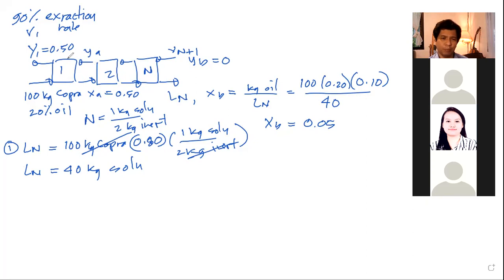Pero before you can solve that, dapat alam mo yung value ng lahat ng variables except for Y sub A. Halimbawa, ano yung flow rate ng L1? Yung flow rate ng L1, equal lang yun sa Ln. Kasi constant yung ating retention. So this one is also 40 kg.